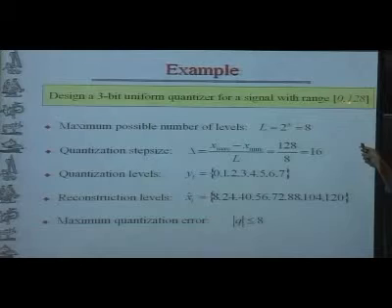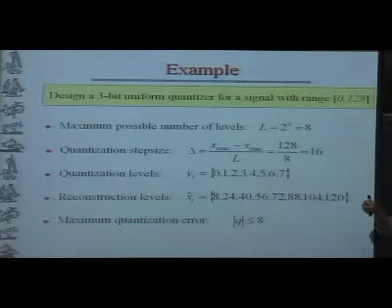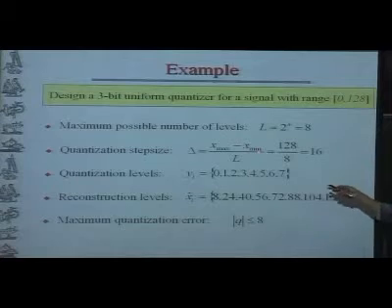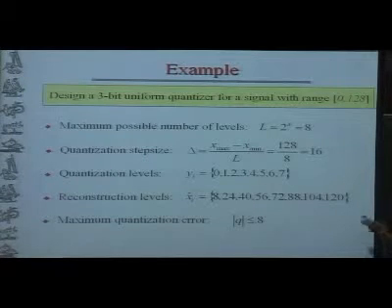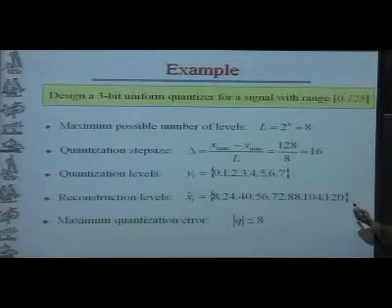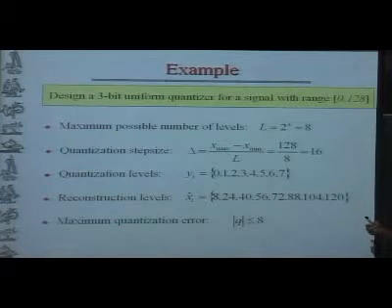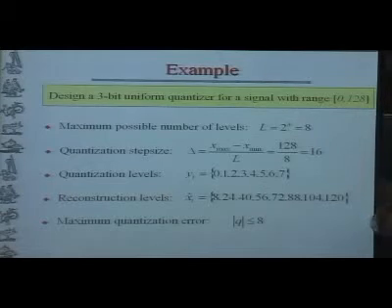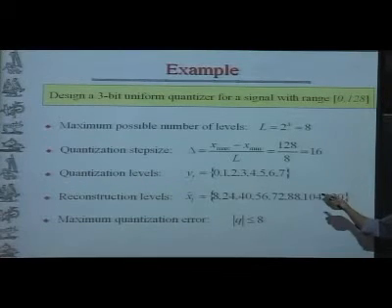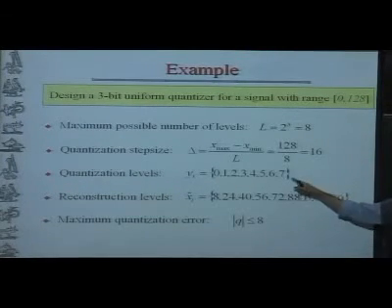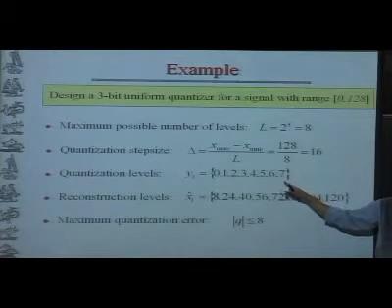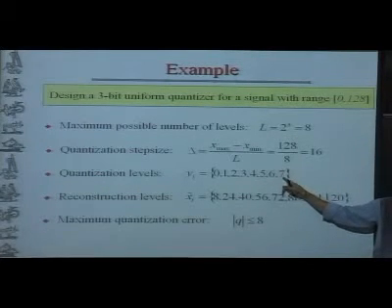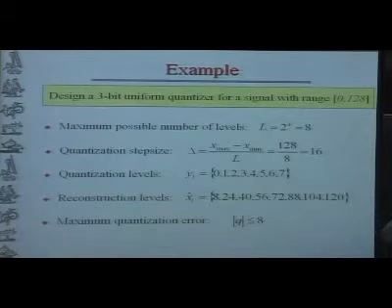We typically know the range of whatever is coming into Q. We decide how many levels we will need, and that determines the bit rate, right? Because output Y will be going to the entropy coder, the arithmetic coder, the Huffman coder. So obviously a small number of quantization levels here will allow you to have more compression.